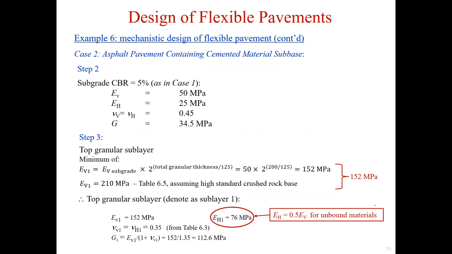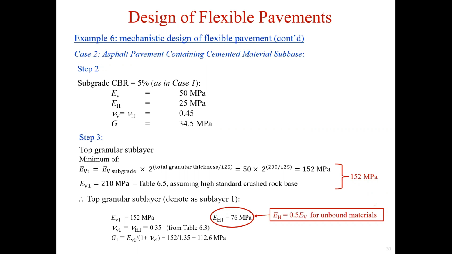Step 2 is to calculate the elastic properties for subgrade with CBR of 5%. This is similar as in case 1. We could get the values of EV, EH, μV, μH, and G. For step 3, again, the modulus of top granular sublayer is the minimum of the value from design formula and empirical table.